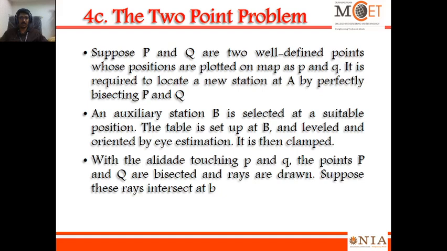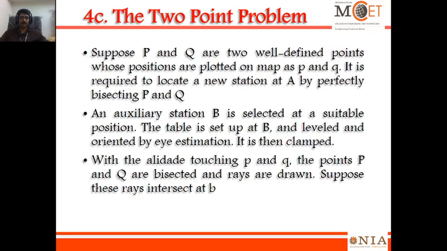How can we see this? Suppose P and Q are the two well-defined points whose positions are plotted on the map as p and q, small letters. It is required to locate a new station at A by perfectly bisecting P and Q. An auxiliary station, meaning a supporting station B, is selected at a suitable position. The table is set up at that point B, leveled and oriented by eye estimation.